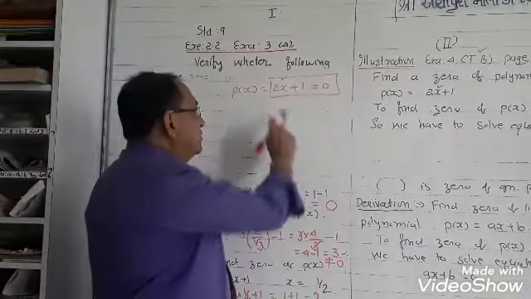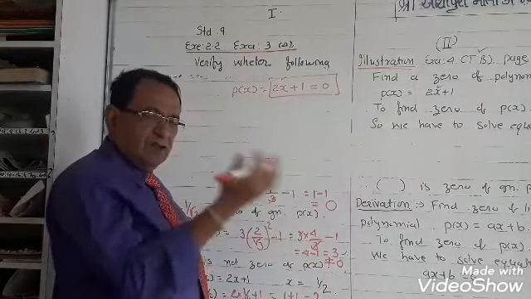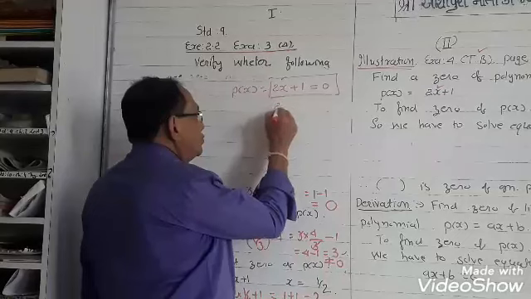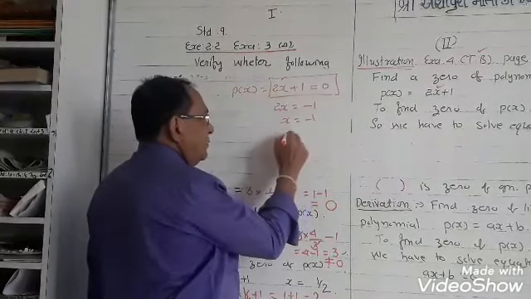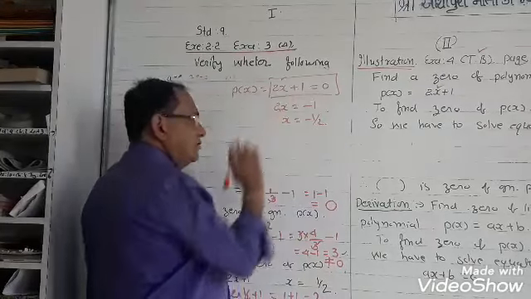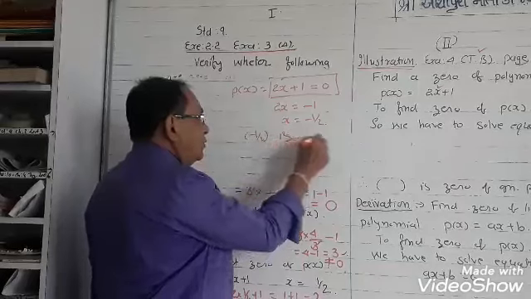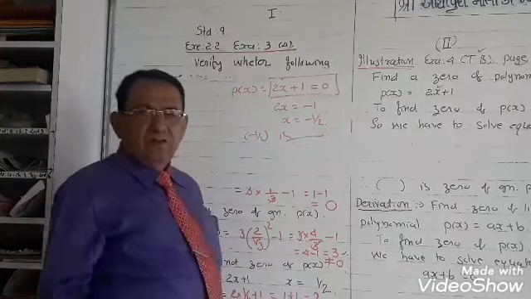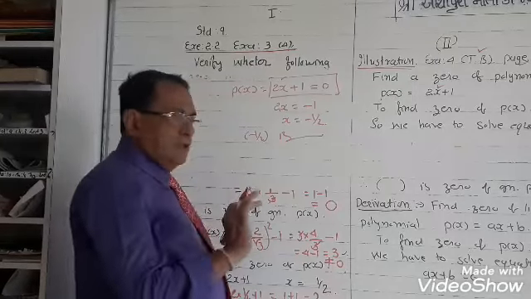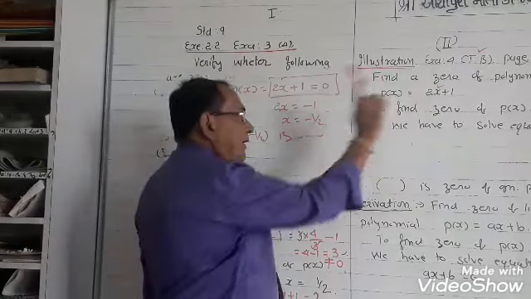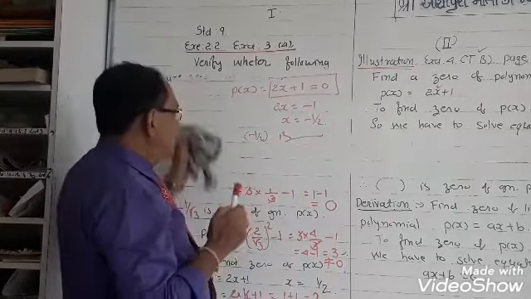In short, put equal to 0 and solve the equation. Whatever comes is your answer. 2x is equal to minus 1, x is equal to minus 1 upon 2. That is your answer. Minus 1 upon 2 is the zero of the given p(x). Simple. So remember, compare it with 0 and solve the equation. You will get the answer.